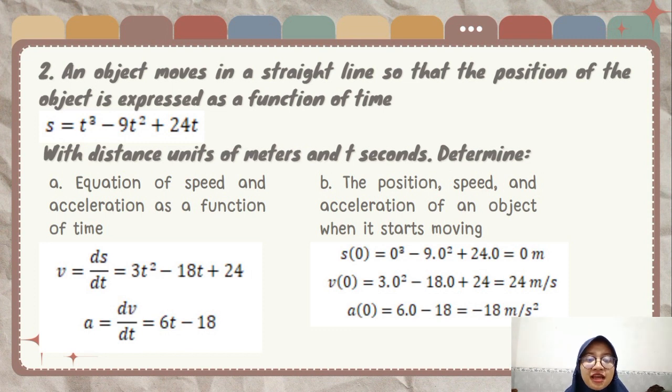And then a(0) = 6 times 0 - 18 = -18 meters per second squared.